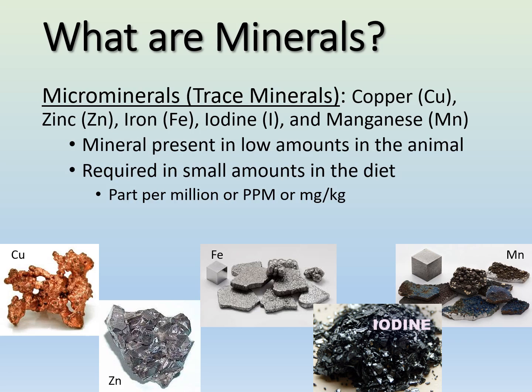So we only require a very small amount of them in our diet. So low that we talk about them in parts per million or milligrams per kilogram. ppm is parts per million, and that's probably the most common. We do see milligrams per kilogram as well.